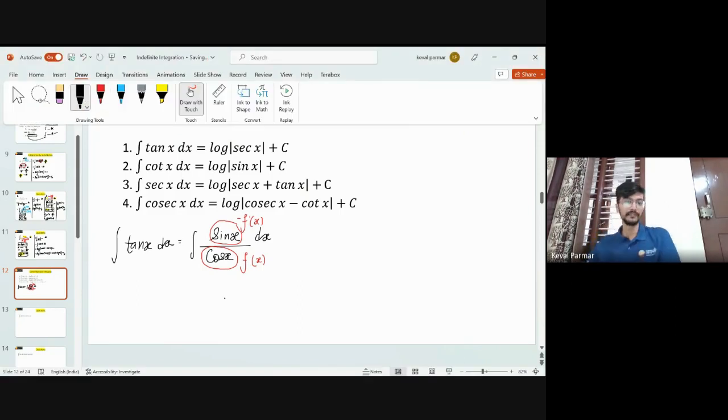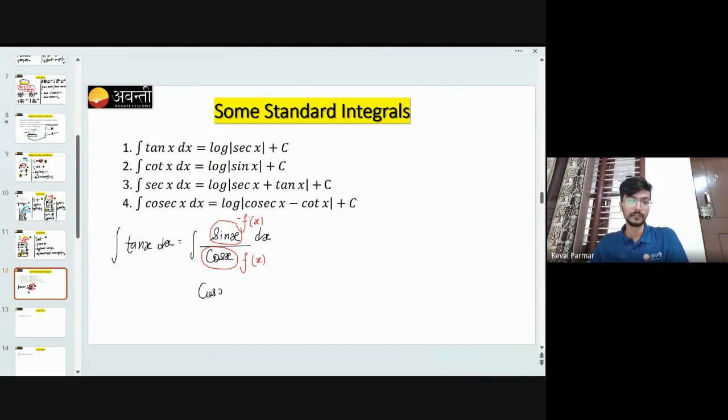So that means I need to put f of x equal to t. So let cos x equal to t. Then I'll differentiate with respect to x. So I'll get minus sin x equal to dt over dx. So if I cross multiply, I will get sin x dx will be equal to minus dt.